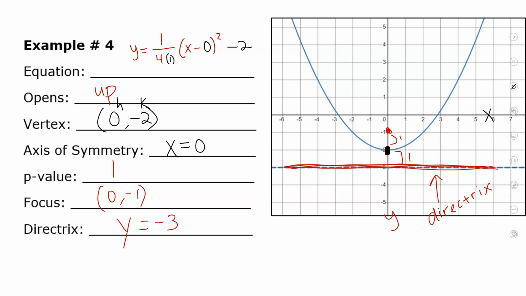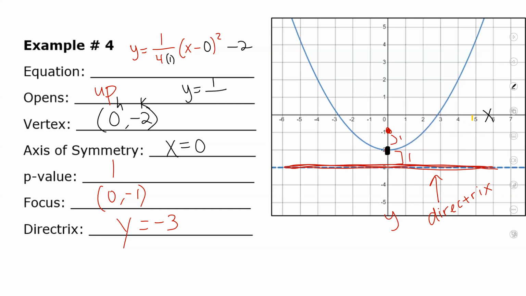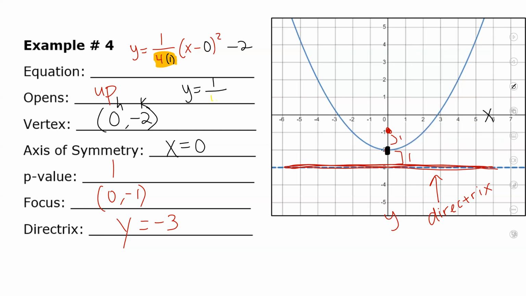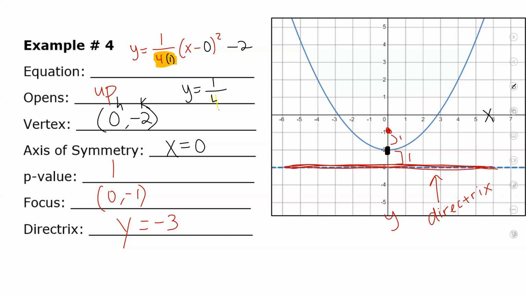All right, so now let's simplify this. I can write this as y equals 1 over 4 times 1 is just 1. So I'm going to write 4 times 1, that can just be written as 4. And x minus 0 is just x.